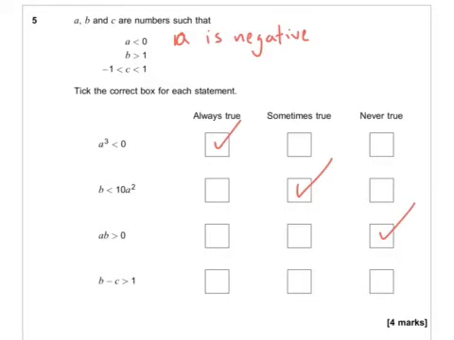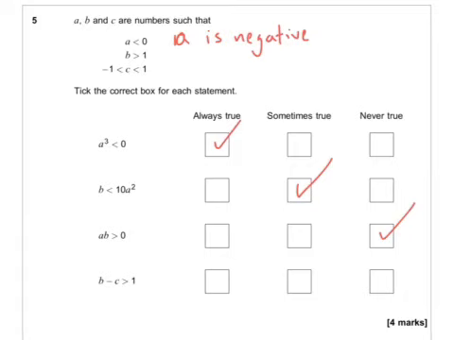And then B minus C is greater than 1. Well, if C is positive, then B minus C can be less than 1. If B is 1.1 and C is 1, for example, you get 0.1 as the difference, so that's not greater than 1.